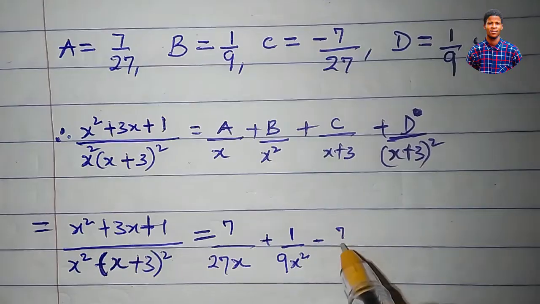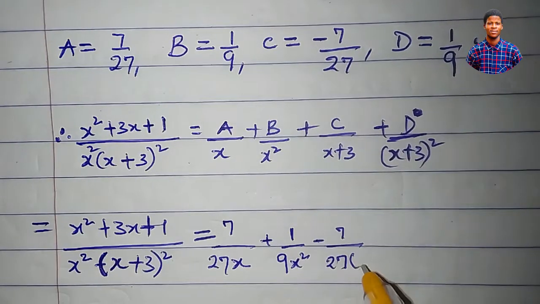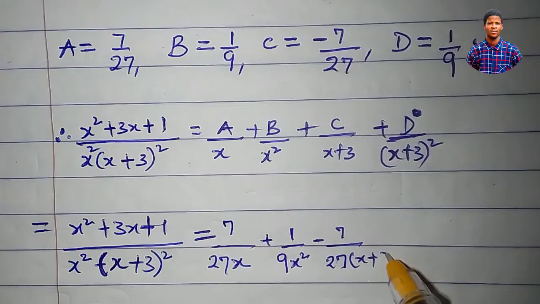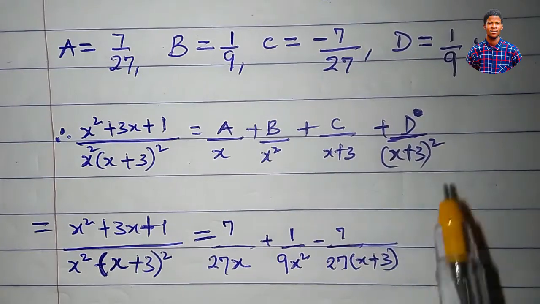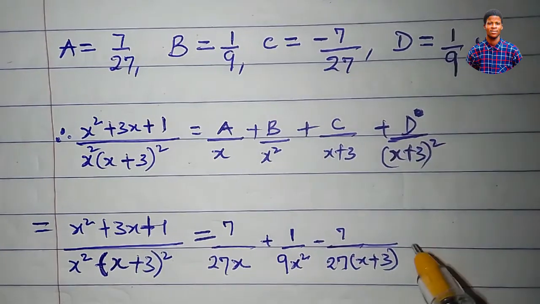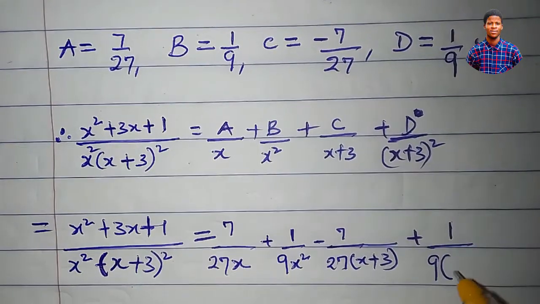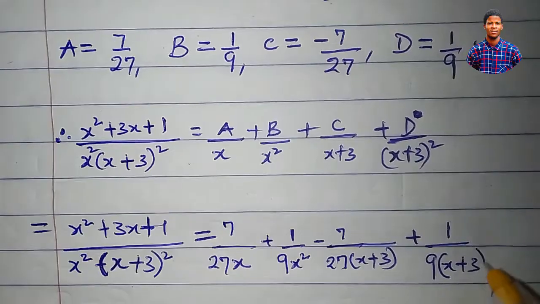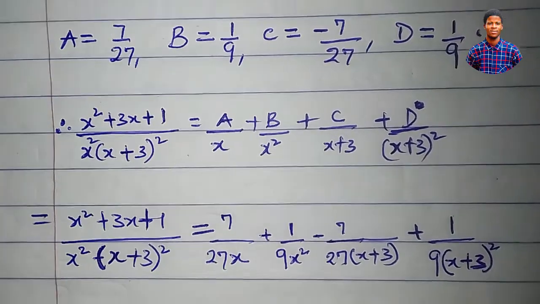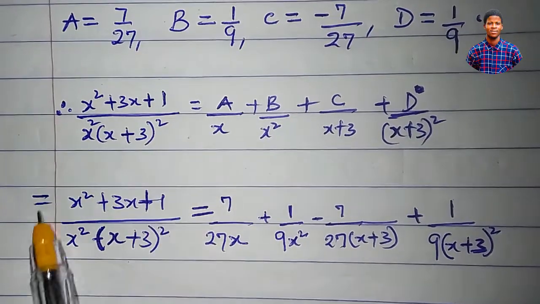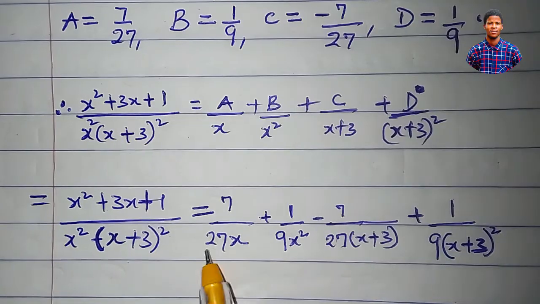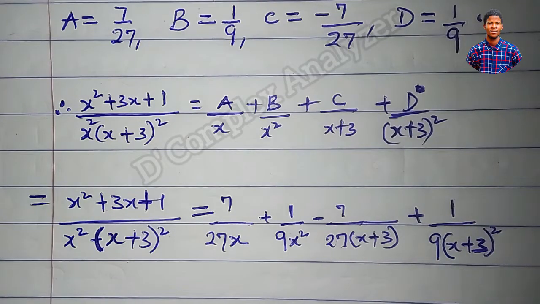That will be minus 7 all over 27 times x plus 3. And what's D? 1 over 9 plus 1 all over 9 bracket s plus 3 all squared. We have resolved this very compound fraction into its components partial fractions.